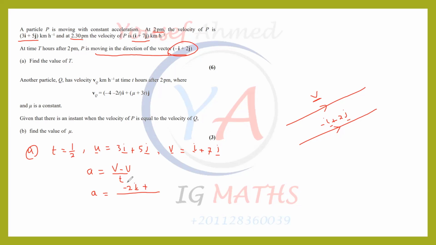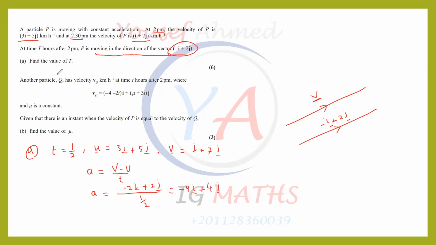So 1 minus 3 is negative 2i, added to 7 minus 5, which is 2j, all divided by half, which is the time. So now it will be negative 4 in the i direction plus 4 in the j direction. This is the acceleration.